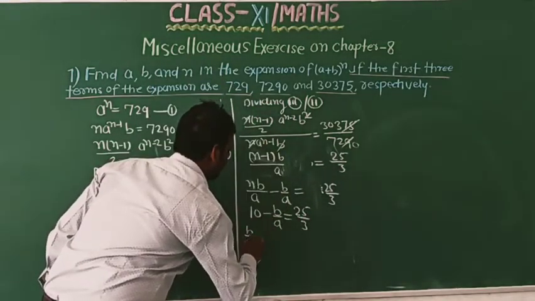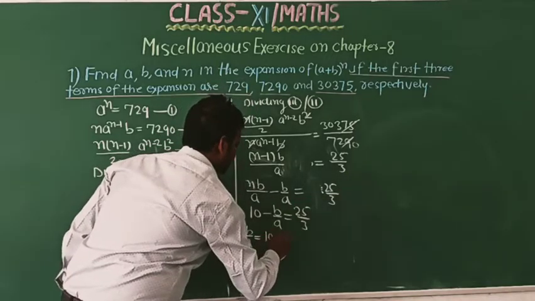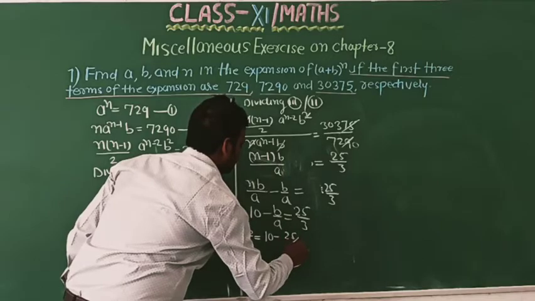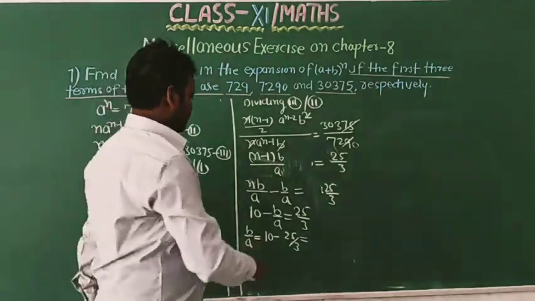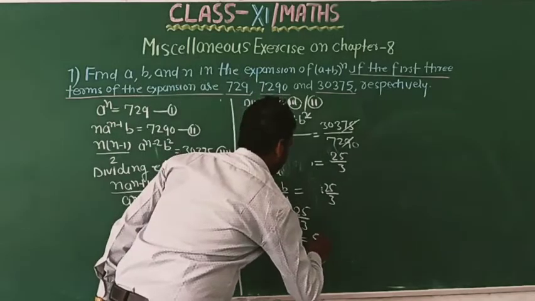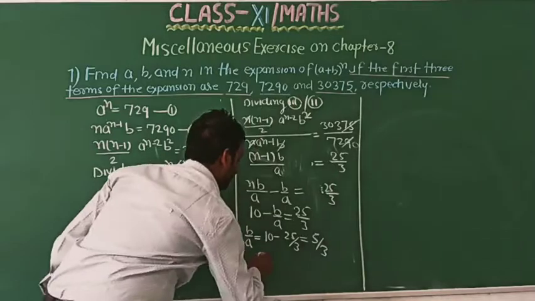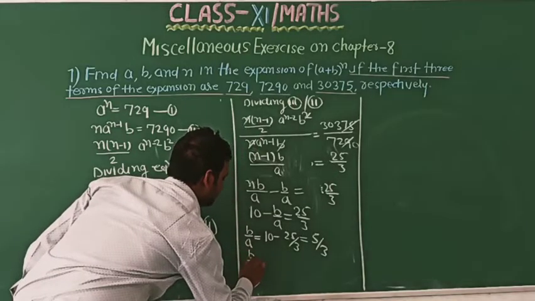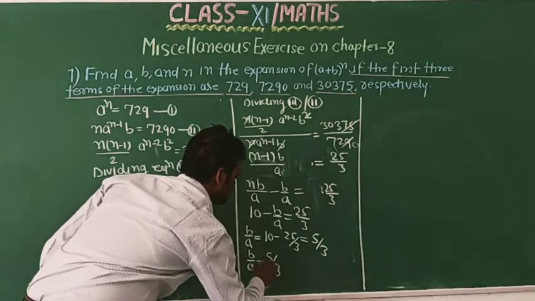And b upon a equal to 10 minus 25 by 3, which after simplification is 5 by 3. Okay, so the value of b upon a is equal to 5 by 3.